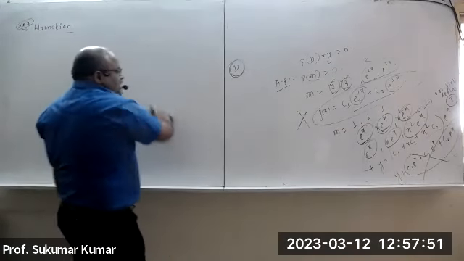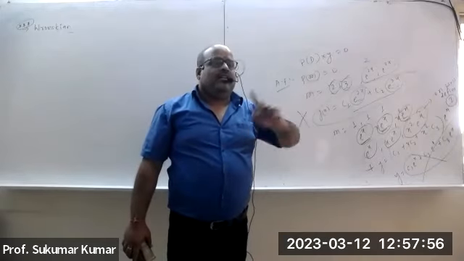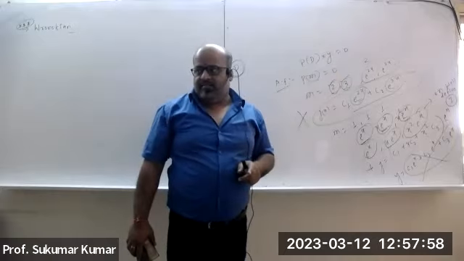So whenever repetition comes, we multiply by x square and so on. What is the reason? Only for making the solutions linearly independent.